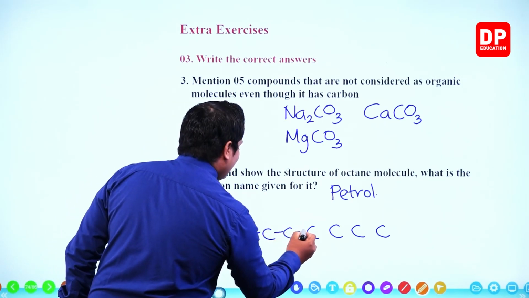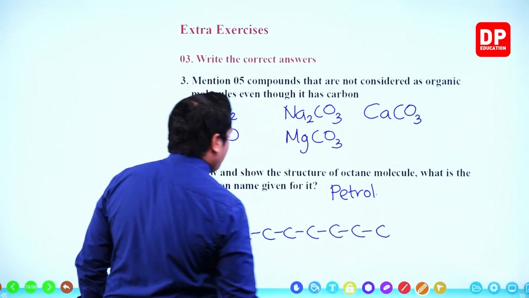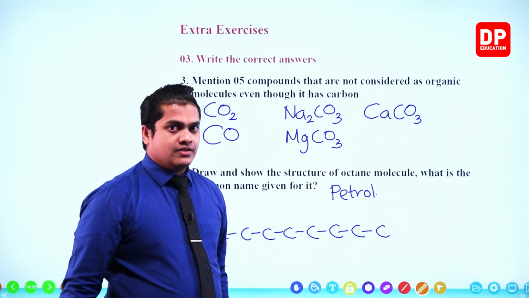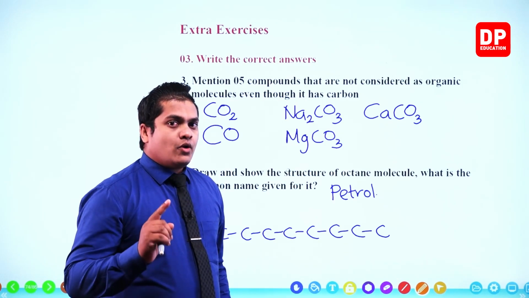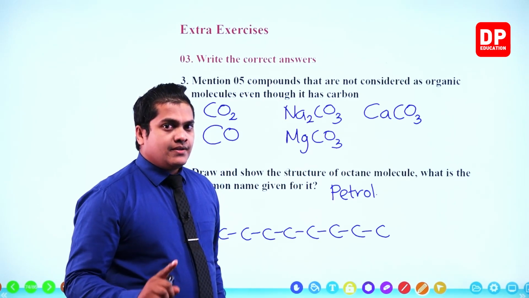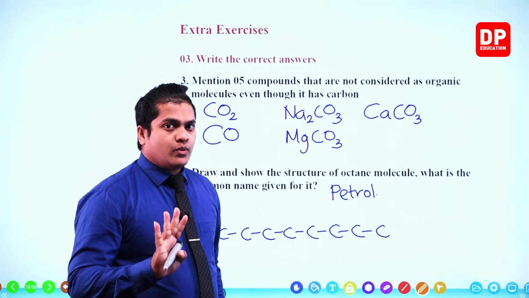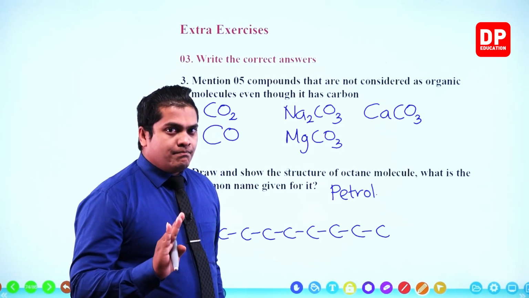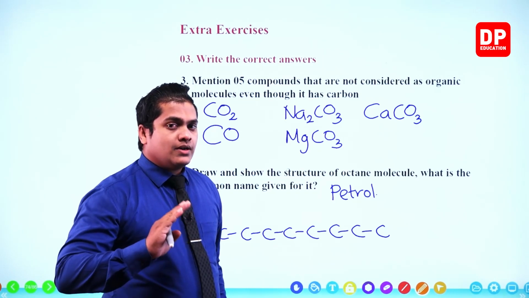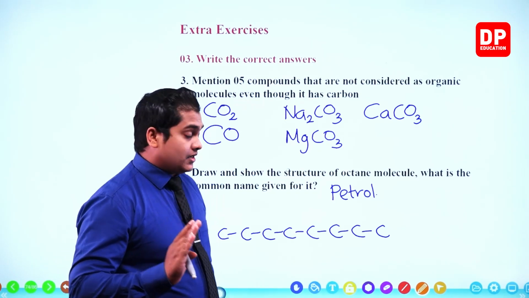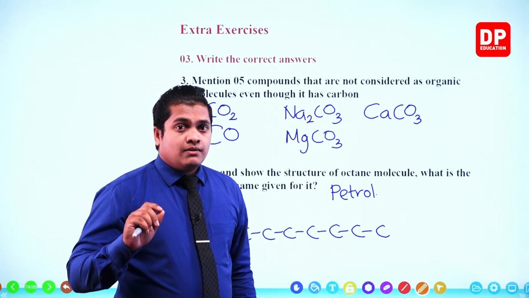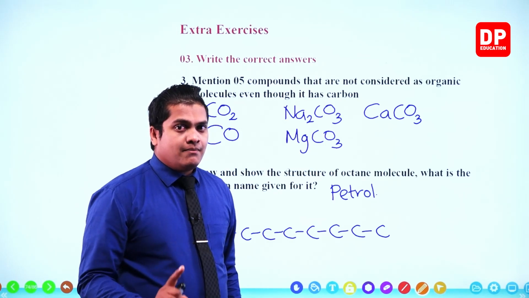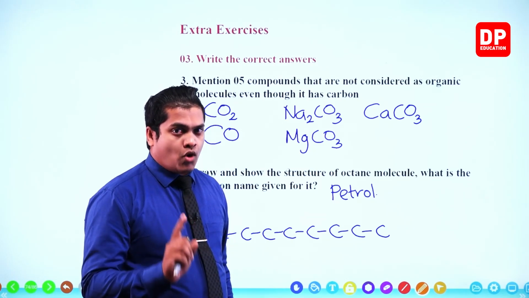All are single bonds. Why are all single bonds? Because it is showing an 'n' over here, that means it is an alkane. Now, in order to complete 4 bonds for each and every carbon atom, complete the number of bonds by using hydrogen. Remember each and every carbon atom should have 4 bonds.